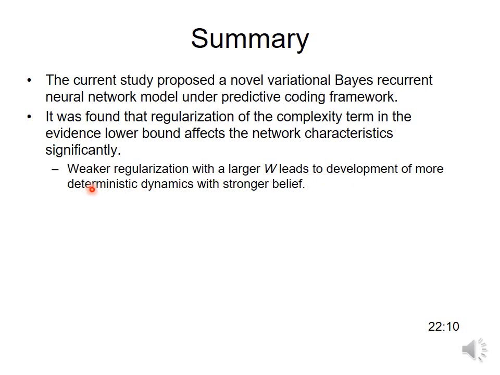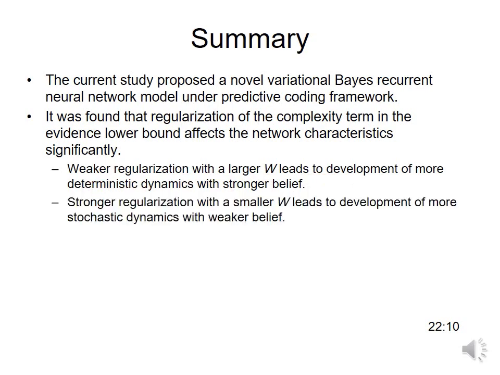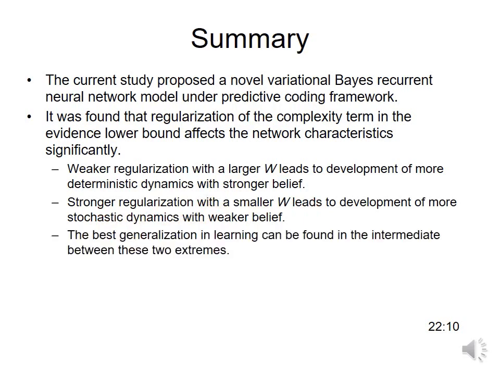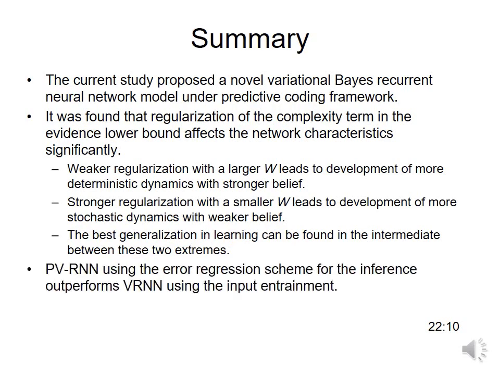On the other hand, stronger regularization with a smaller W leads to the development of more stochastic random dynamics with a weaker belief. Eventually, the best generalization in learning can be found in the intermediate range between these two extremes. Finally, we have shown that the PV-RNN using the error regression scheme for inference outperformed the VRNN using input entrainment, as we have shown in the video.